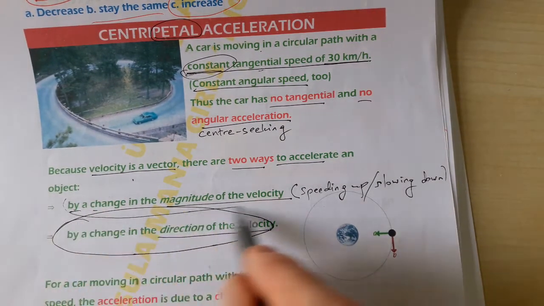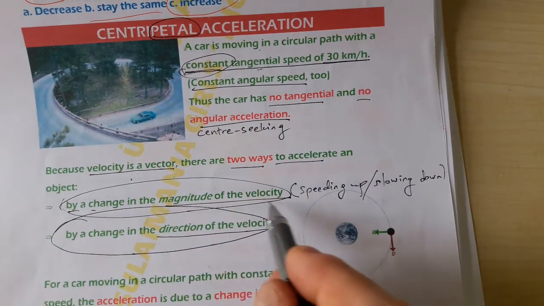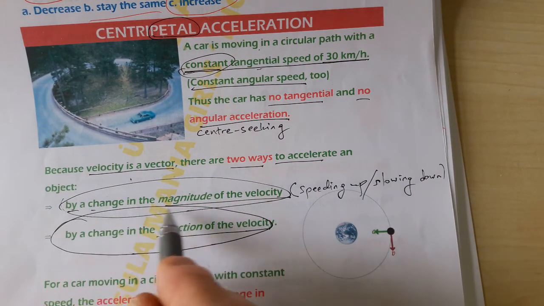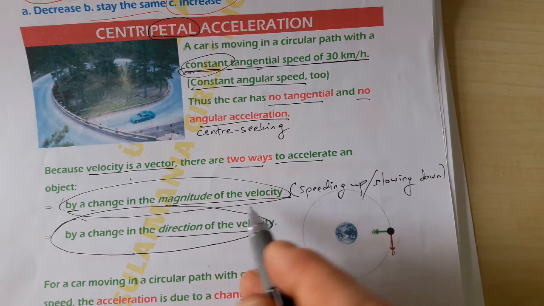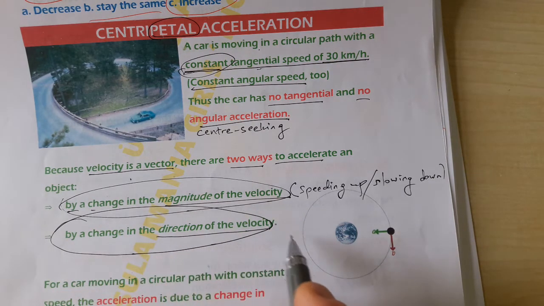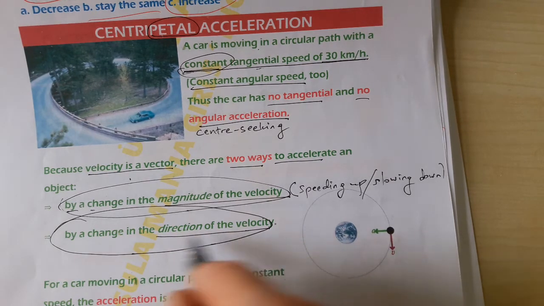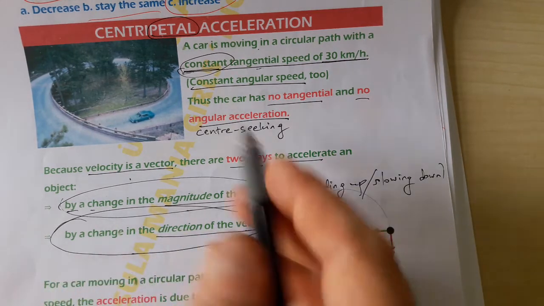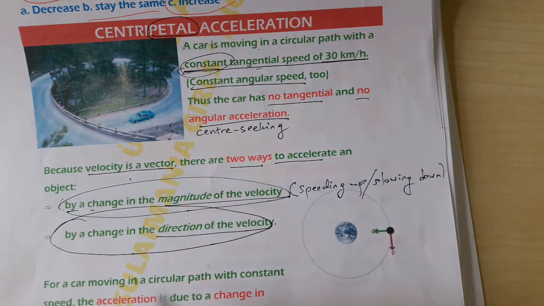The tangential acceleration and angular acceleration are related to the first condition, changing the magnitude of the velocity, which is speed. The second one is changing the direction of the velocity. Because of the change in the direction of the velocity, we get centripetal acceleration.